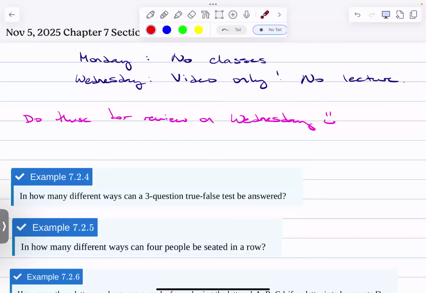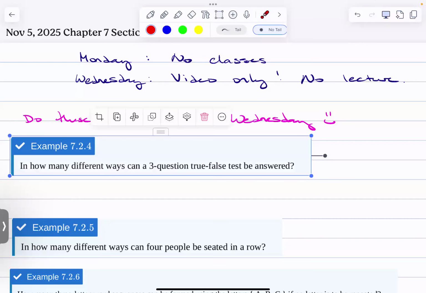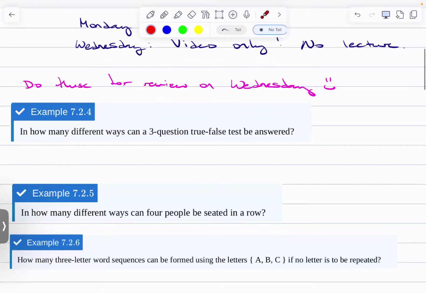And we ended off leaving some examples. I said, hey, we can do these for review on Wednesday. Try them on your own. We introduced my slots, as I call them, right? And so these slots are pretty useful for figuring out how to count options.